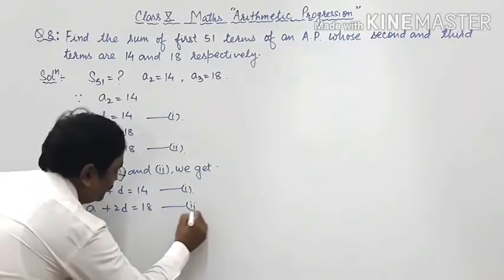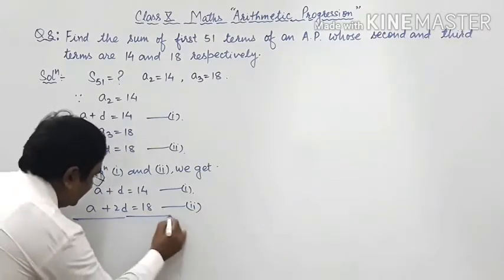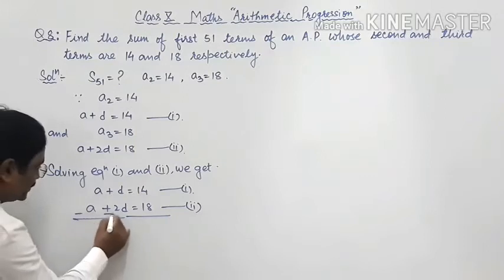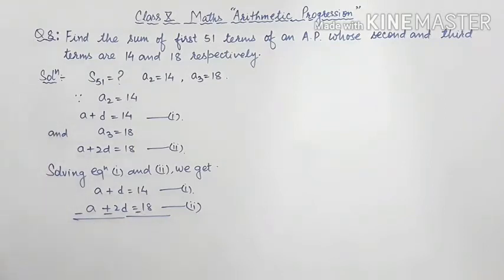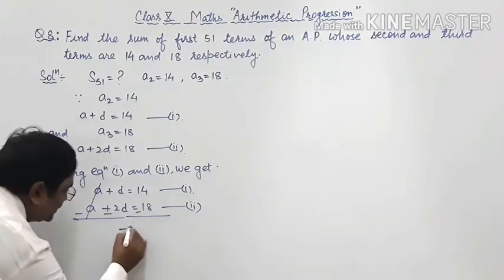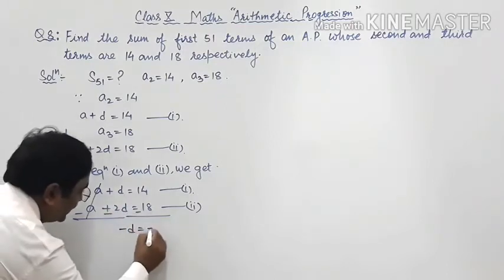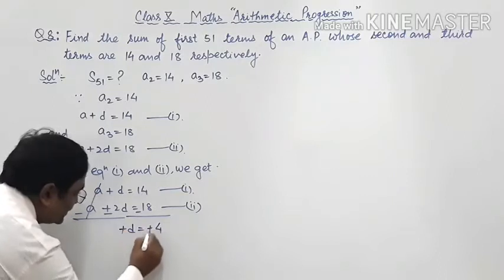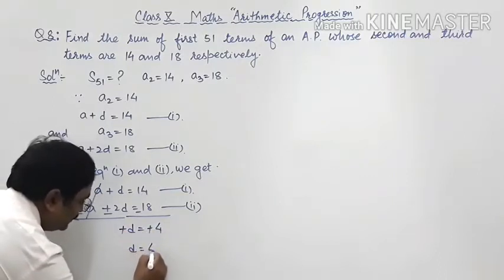What we have to do is subtract the second equation from the first. A is cancelled, D minus 2D is equal to minus D, which is equal to minus 4. The minus is cancelled, so you will get D is equal to 4.